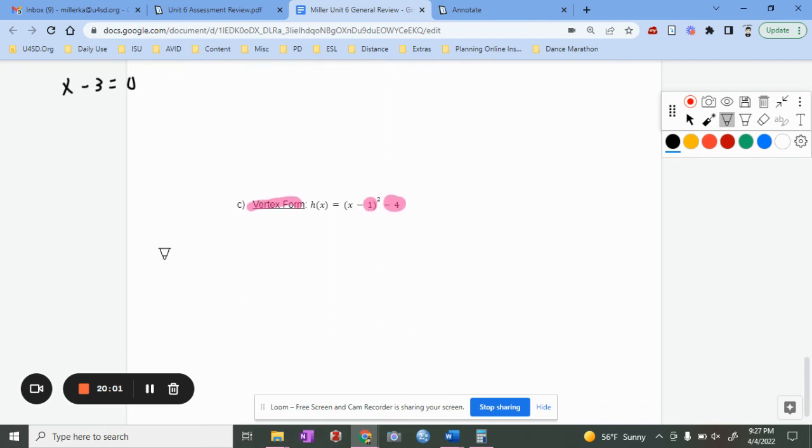And lastly, our vertex form. Our vertex at h, k is what makes this 0. Well, we have x minus 1, so positive 1, and then my constant, negative 4, is my vertex. Now this one will be a little bit easier to find your x-intercepts because our vertex is always in the middle.